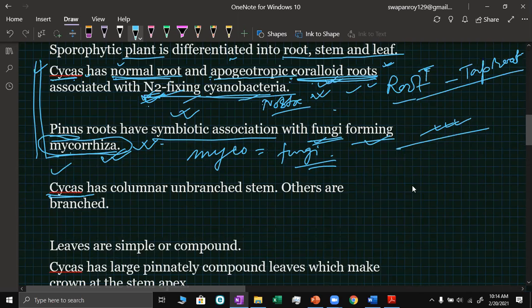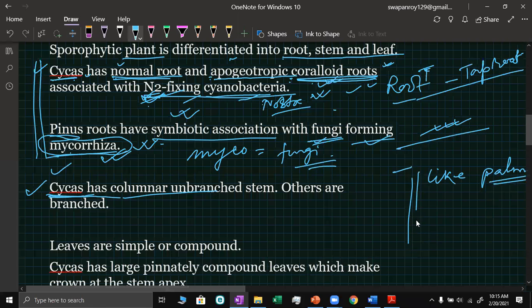The plant tree, is it branched or unbranched? Among the unbranched trees, that is the cycas. Cycas has an appearance like the palm tree. In a palm tree, what happens?